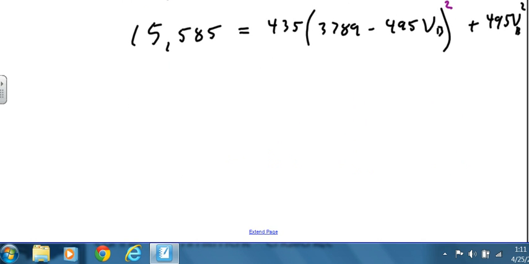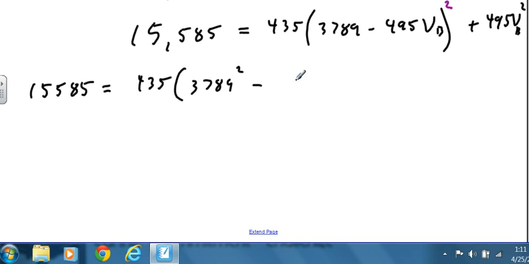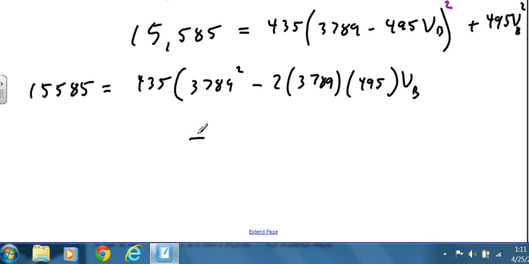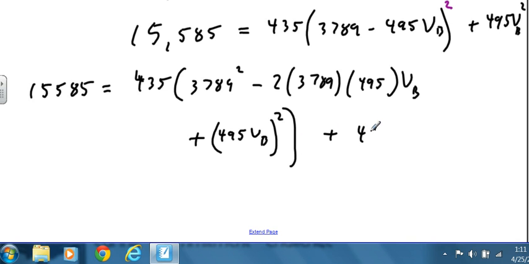Alright. 15585 is equal to 435 times 3789 squared minus 2 times 3789 times 495 VB plus 495 VB, the whole thing squared, plus 495 VB squared. Alright, well, that's a pain.